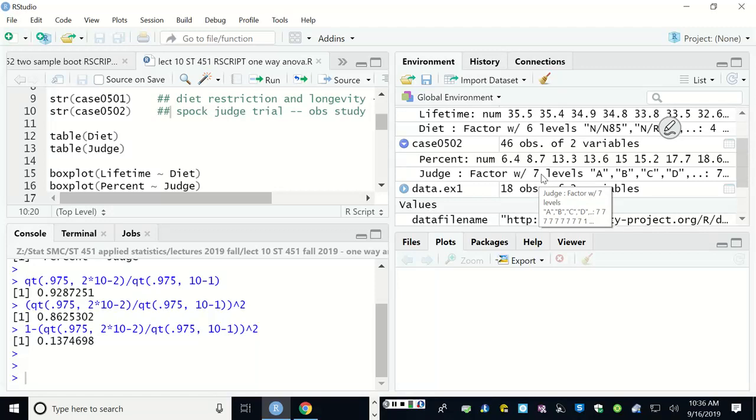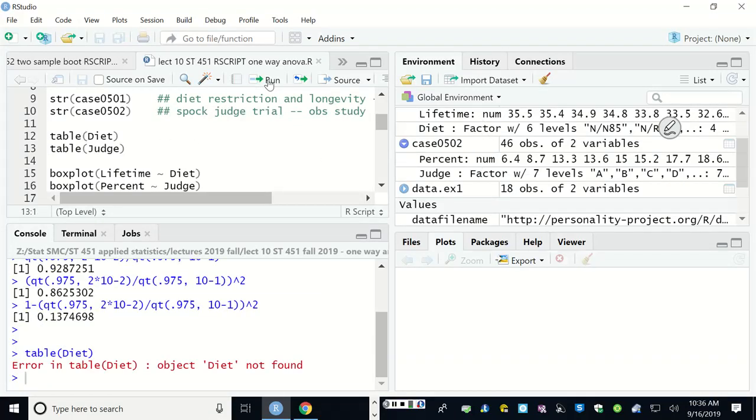One judge was of interest because of the makeup of the juries, in terms of males and females, what percentages they had in different trials. So there are different groups. One is more of a randomized experiment, the other is an observational study.